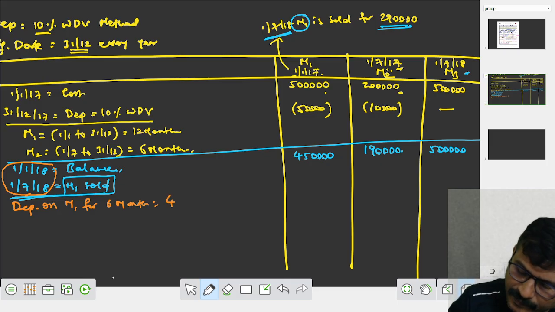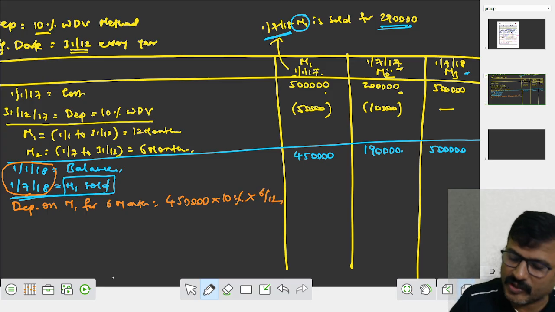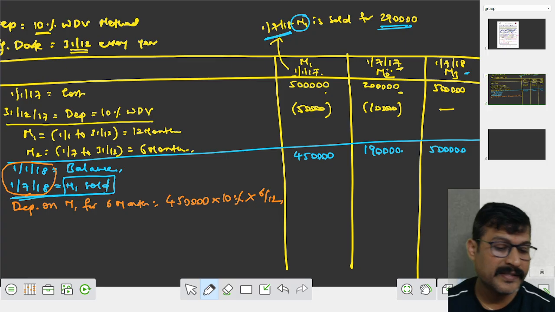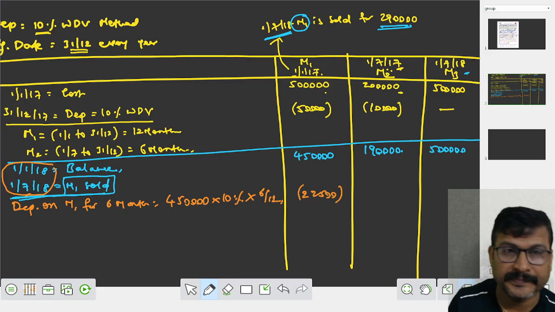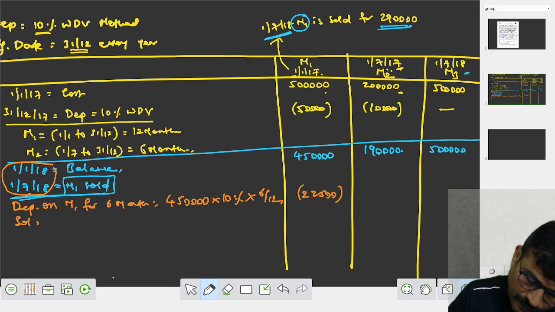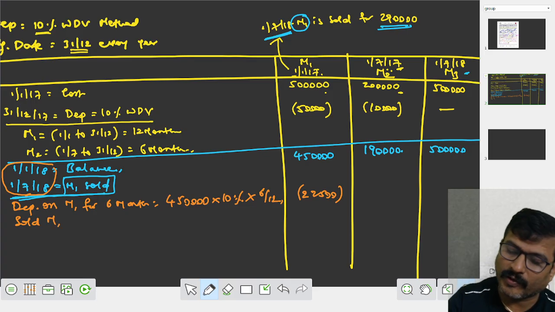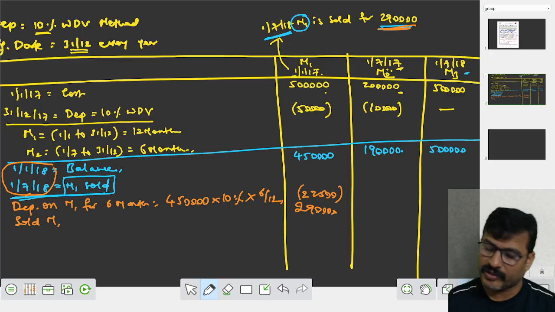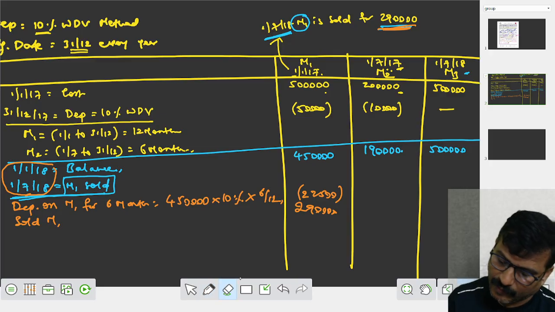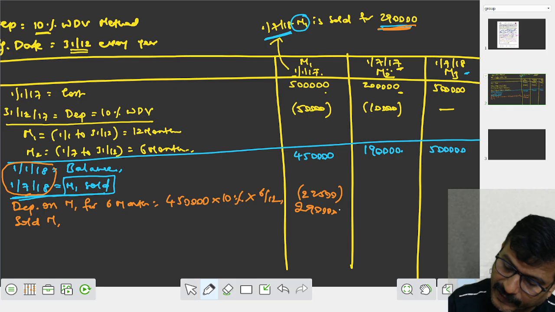How much is M1? 4,50,000 into 10% into 6 by 12. Use a calculator and work it out. It comes to rupees 22,500. Fine. M1 is sold for an amount of rupees 2,90,000.